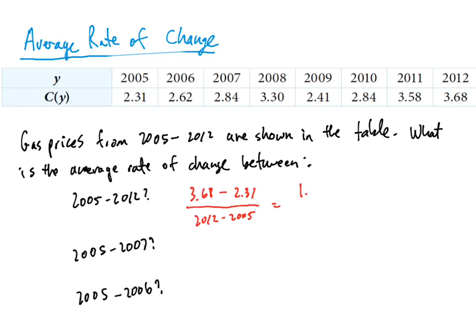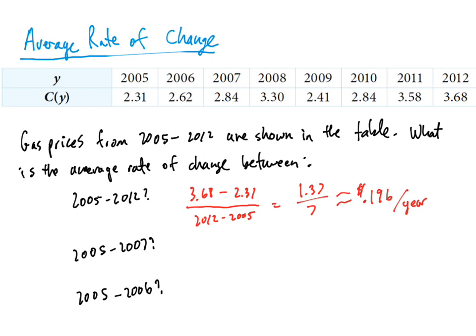We end up with $1.37 divided by 7 years, and we end up with about $0.196 per year. So what that means is, on average, gas is going up about 20 cents a year.